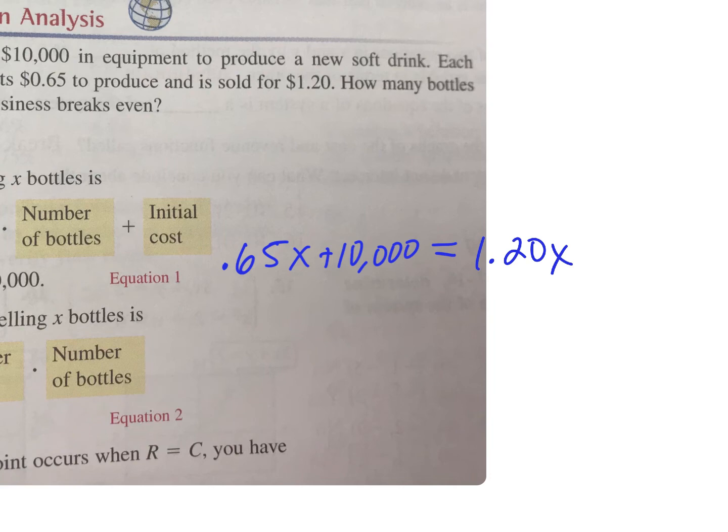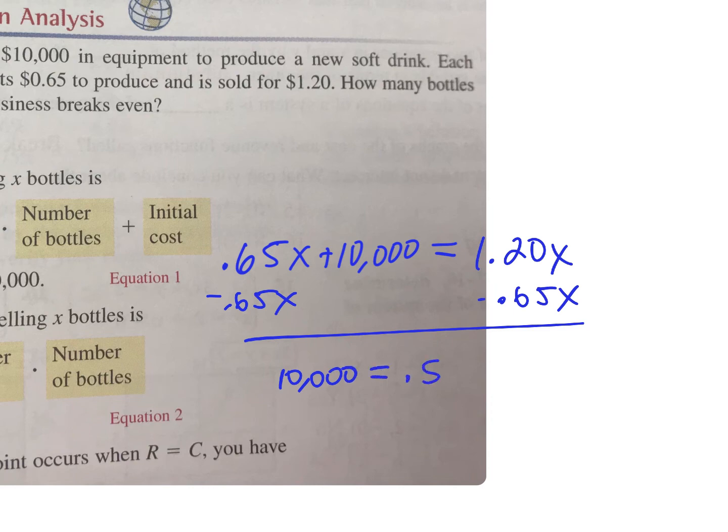It's how many bottles do I need to produce in order for me to break even? I don't lose money, but I don't make money. So I would just subtract 0.65x from both sides. I have 10,000 equals 0.55x, correct? Divide both sides by 0.55.